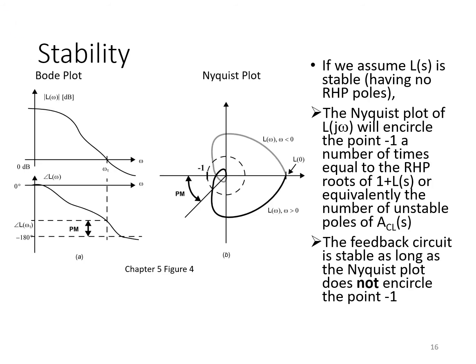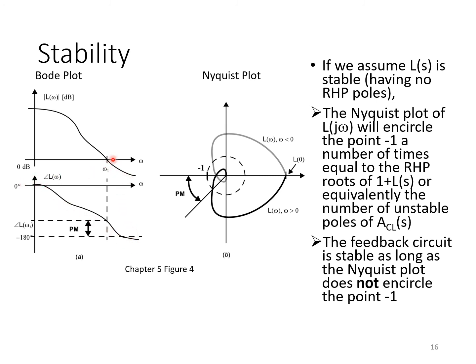So next, we'll just begin with a little background review on stability of negative feedback amplifiers. I assume that most of you would be familiar with stability analysis of feedback amplifiers using Bode plots, where we plot the frequency response of L, both its magnitude response and its phase response.